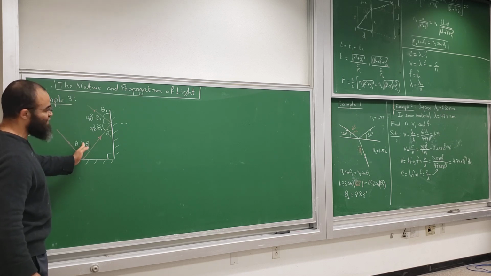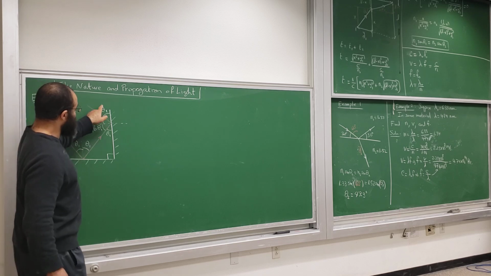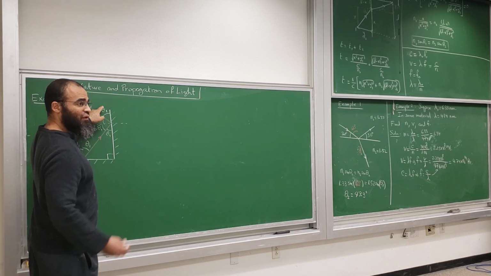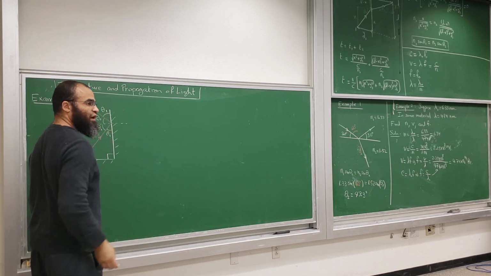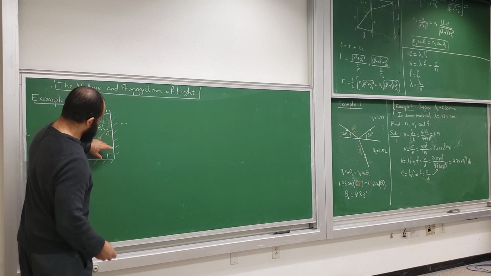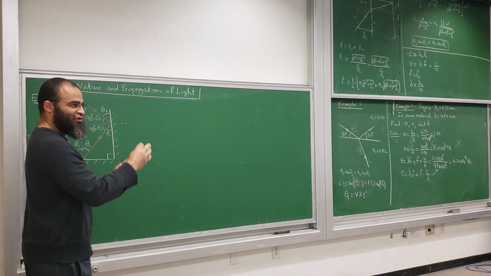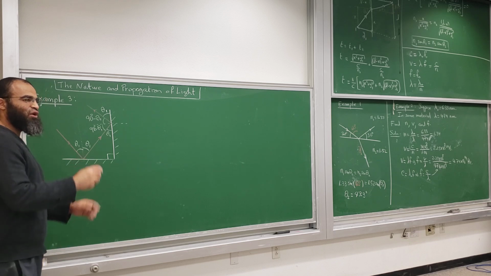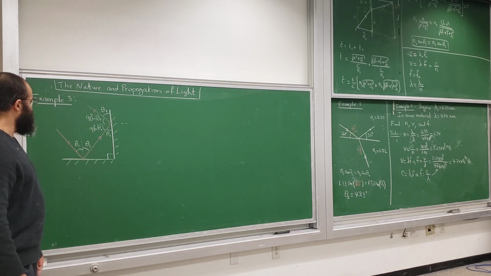This one makes 30 degrees with the perpendicular, and this one will also make 30 degrees with the perpendicular. They're anti-parallel, right? This one is coming, this one's going. So they're anti-parallel to each other. And you can see, if you make this angle, instead of 90, to be something else, then the geometry would be a little trickier. But you have to keep track of all the angles, okay?